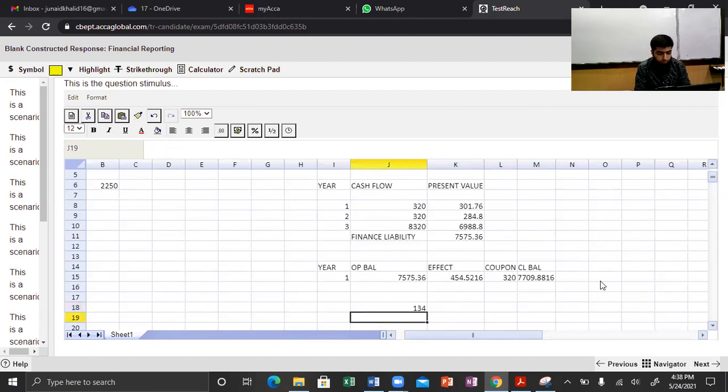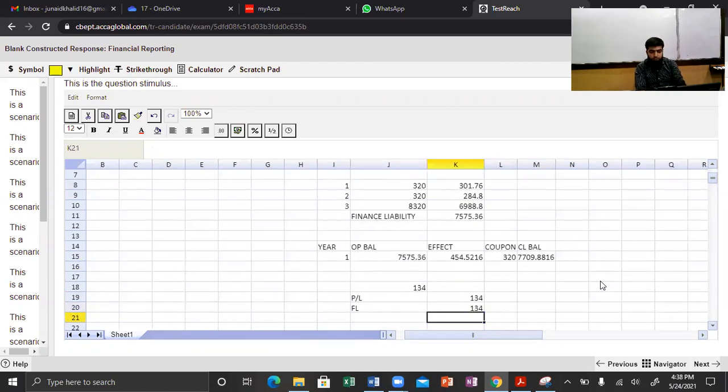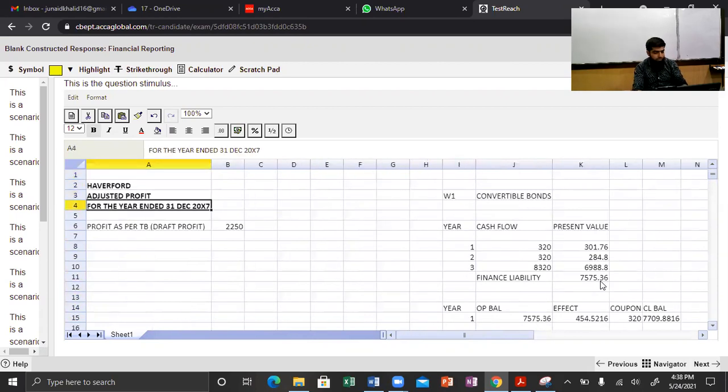So adjustment is required. What accounting entry would be required? That is P&L debit, it means interest expense debit, and finance liability credit, with the amount of 134. This adjustment would definitely be required. So let's adjust this profit.